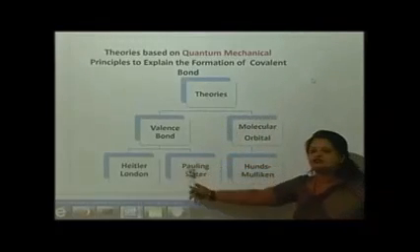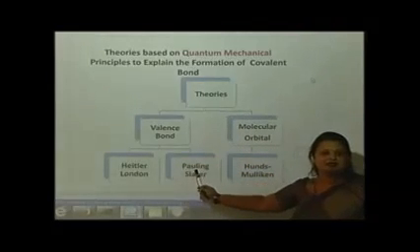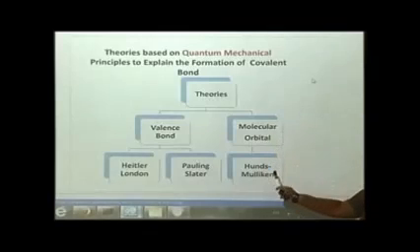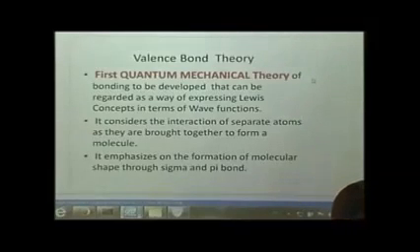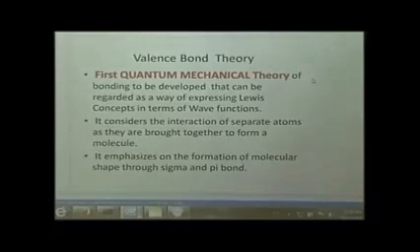Both theories can be discussed under the quantum mechanical approach, and we'll discuss both. In valence bond, we'll discuss two further theories, Heitler-London and Pauling-Slater, and molecular orbital theory was the same theory which was given by Hund and Mulliken. The valence bond theory, we can call it the first quantum mechanical approach. It was the first quantum mechanical approach that was given.